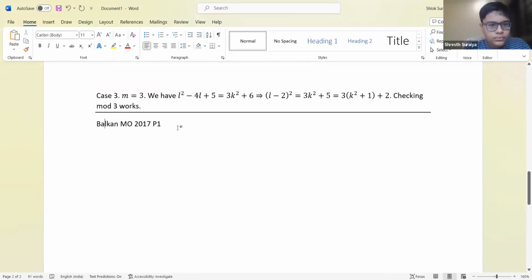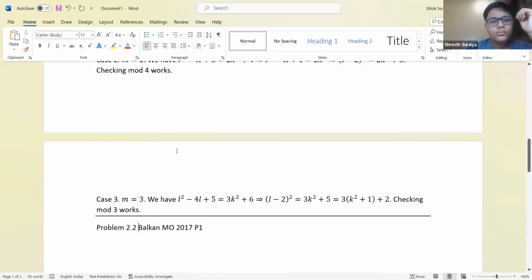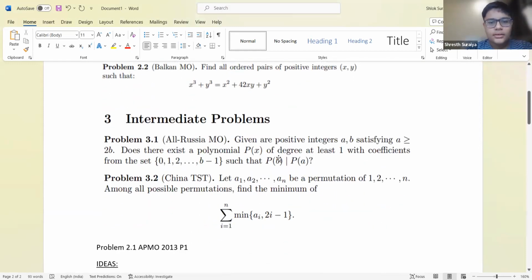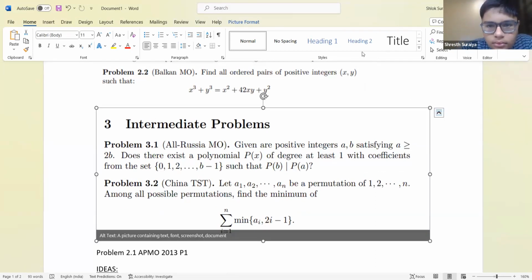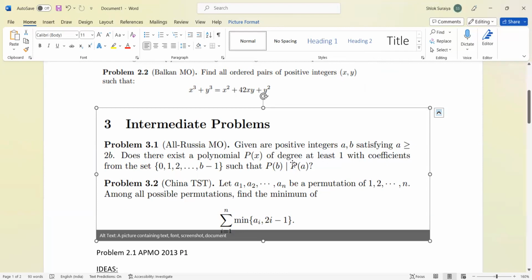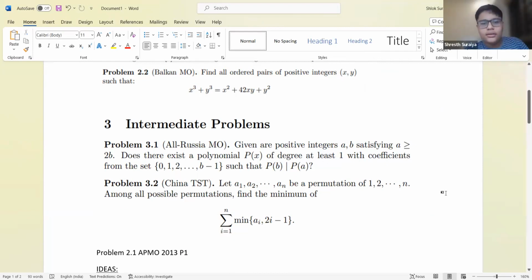So this is problem 2.2. Has everyone noted the Balkan problem if someone's trying that? Okay, fine. So you can try the next two problems if someone hasn't done the Balkan one. And the intermediate problems are actually very interesting as well.